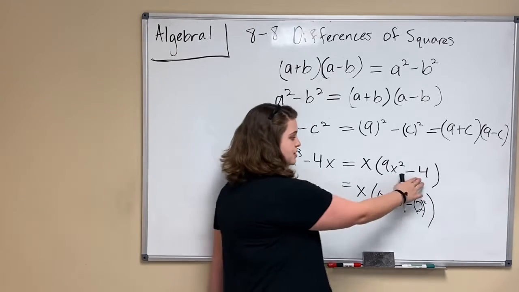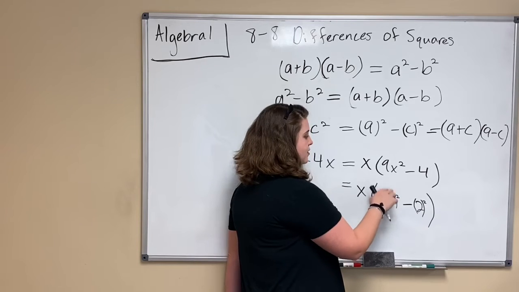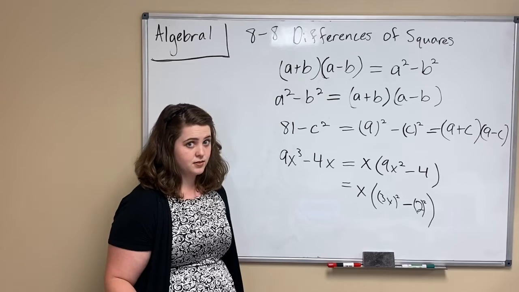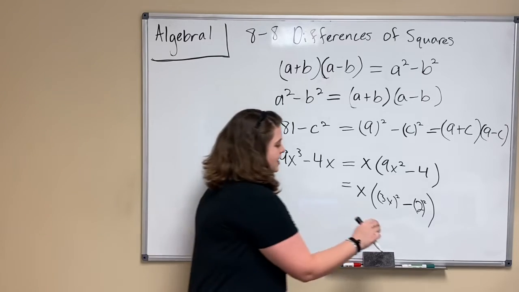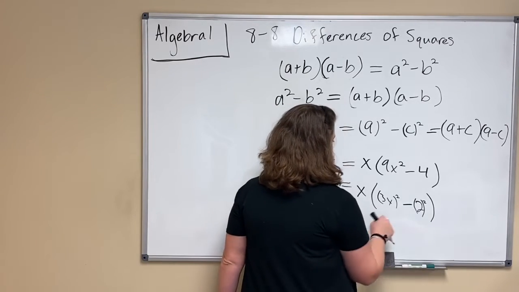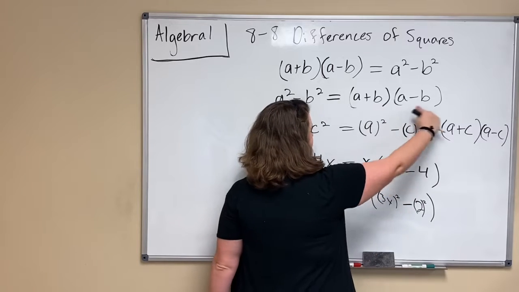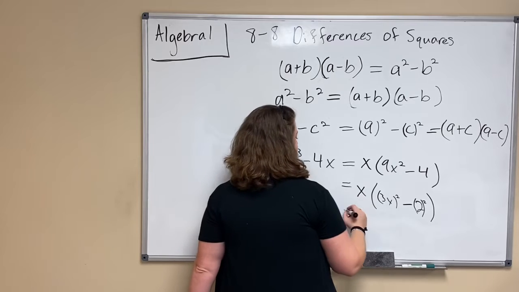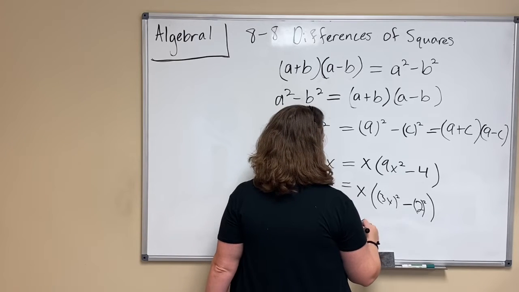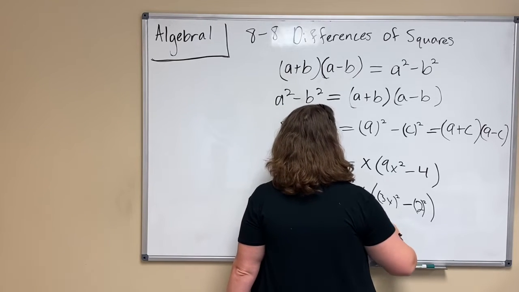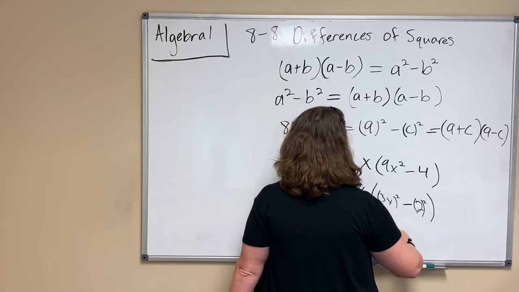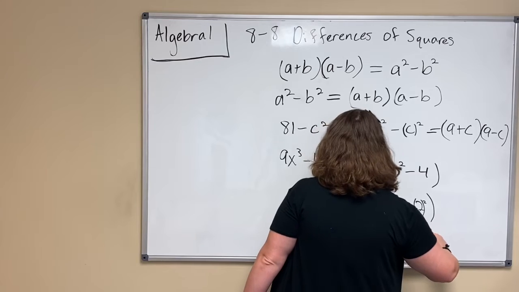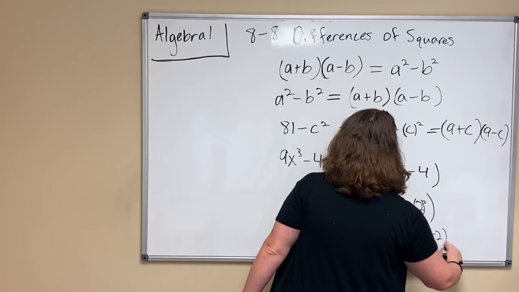So we know that 4 is the same as 2 squared, and 9x squared is the same as 3x squared. So I'm going to take this, just like before, and I'm going to plug it straight back into this, now that I know what my a is and my b. I'm going to go x times 3x plus 2 times 3x minus 2.